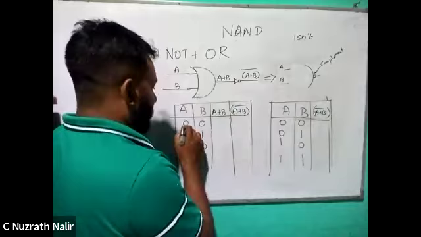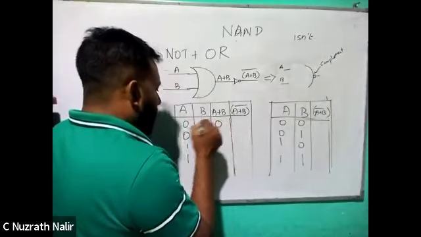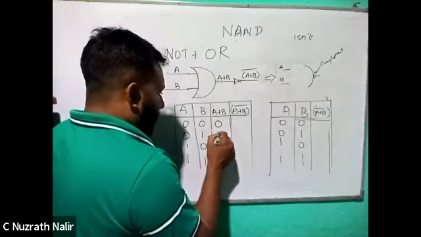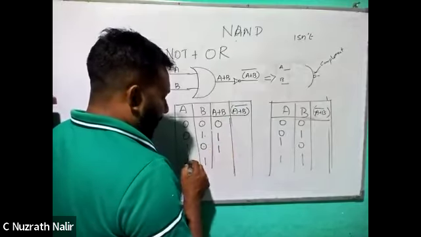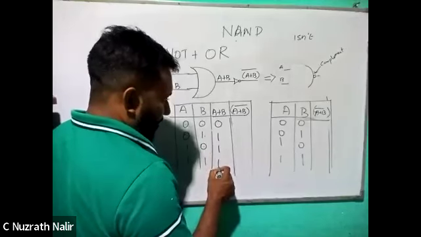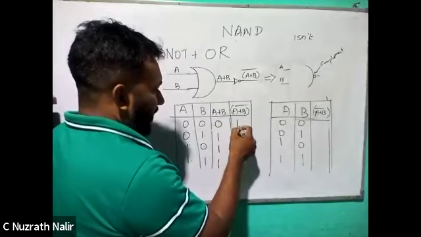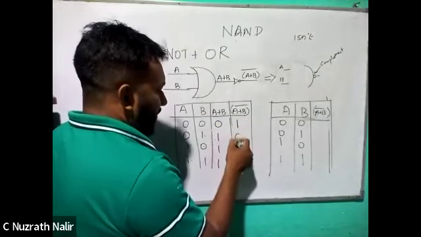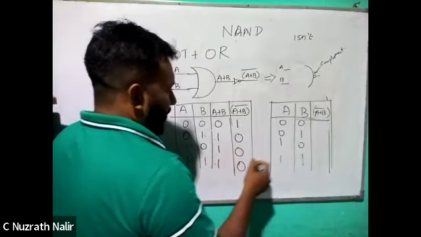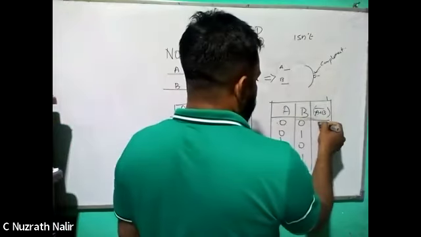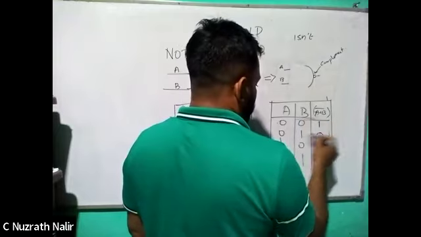It's an easy task. 0 plus 0 is 0, 0 plus 1 is 1, 1 plus 0 is 1, 1 plus 1 is 1. Then take the opposite: if it is 0, then 1; if it is 1, then 0. So 0 plus 0 is equal to 0, opposite 1. 0 plus 1 is equal to 1, opposite 0.